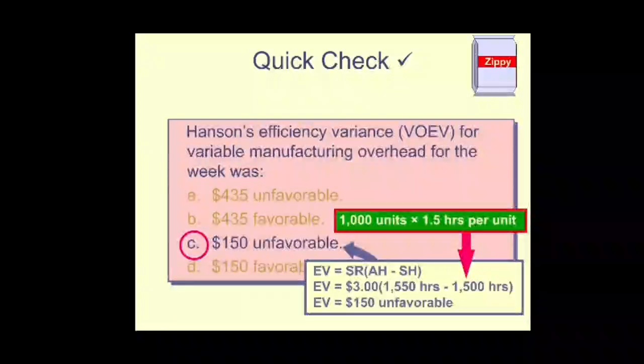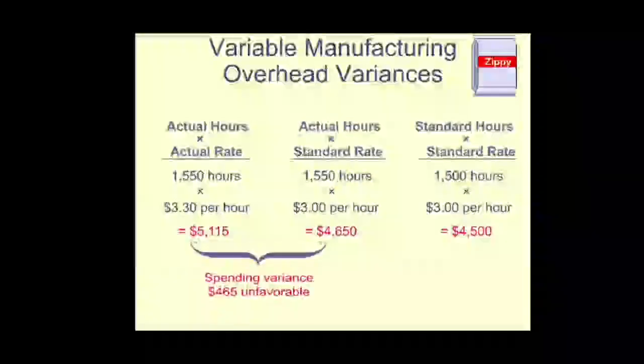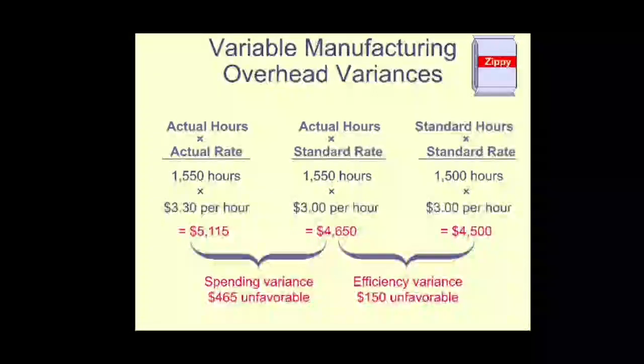So the standard rate is $3, actual hours are 1,550 hours, and the standard hours are 1,500 hours. The answer is $150 unfavorable. So this is another way to do the variance analysis for overhead.